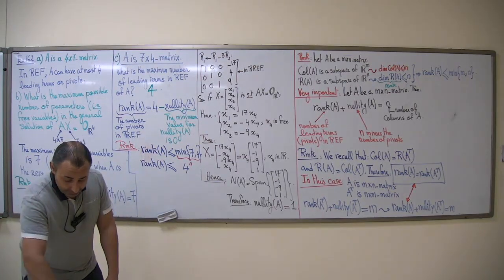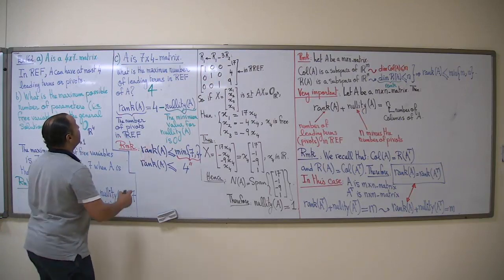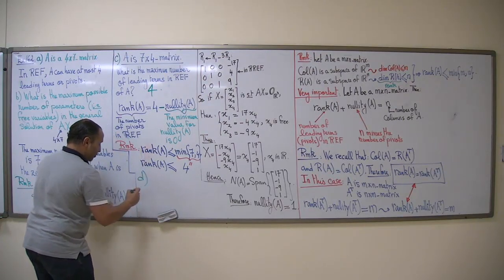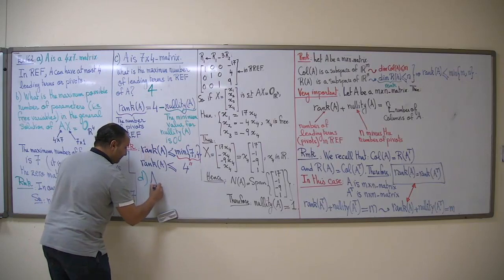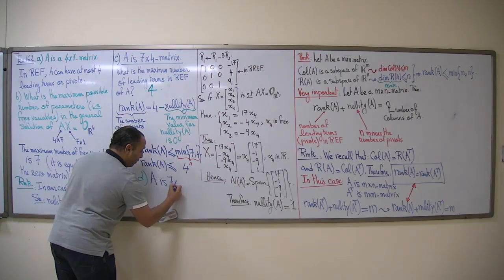Okay, D, last question here. Again, A is a 7 by 4 matrix.